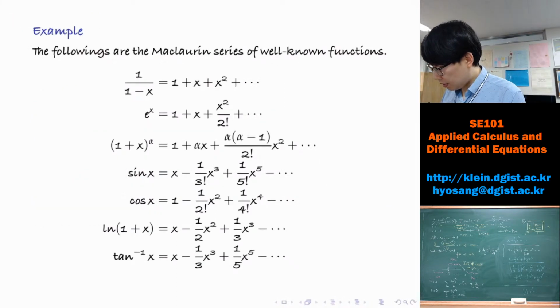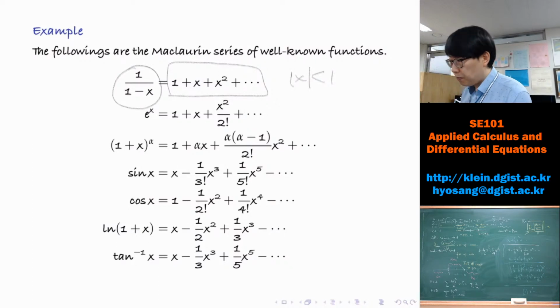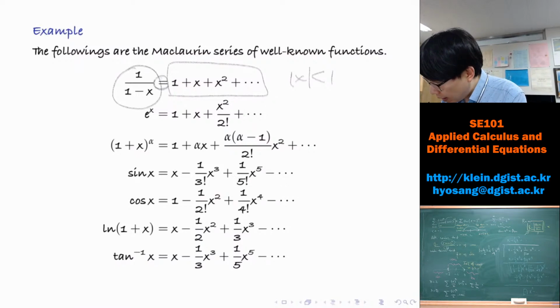Here's an example. So you have 1 over 1 minus x. You know that this is the limit of a geometric series with ratio x. So this converges only when the absolute value of x is less than 1. So I put the equal sign here.